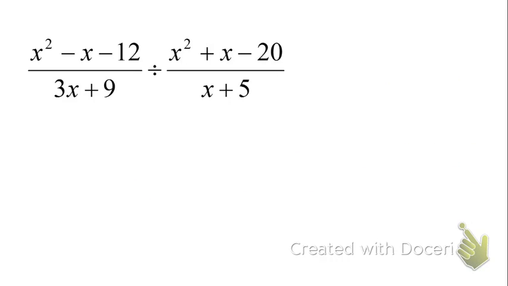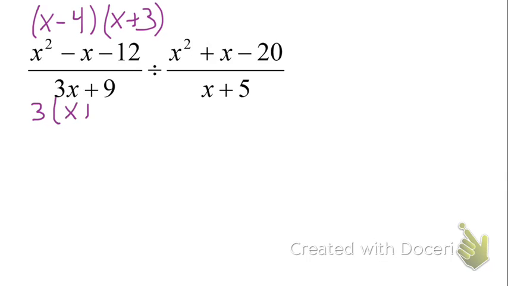Okay, now we're dividing, and you have to keep, change, flip. We keep the first fraction the same, change division to multiplication, and flip the second fraction. First I'm going to factor. Multiplies to give me negative 12, adds to give me negative 1 is negative 4 and positive 3. On the bottom we can bring out a 3, which will give us x plus 3.